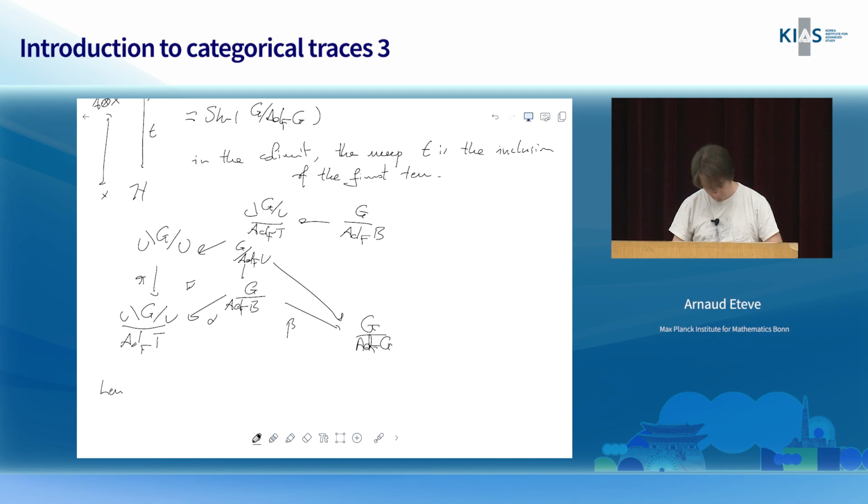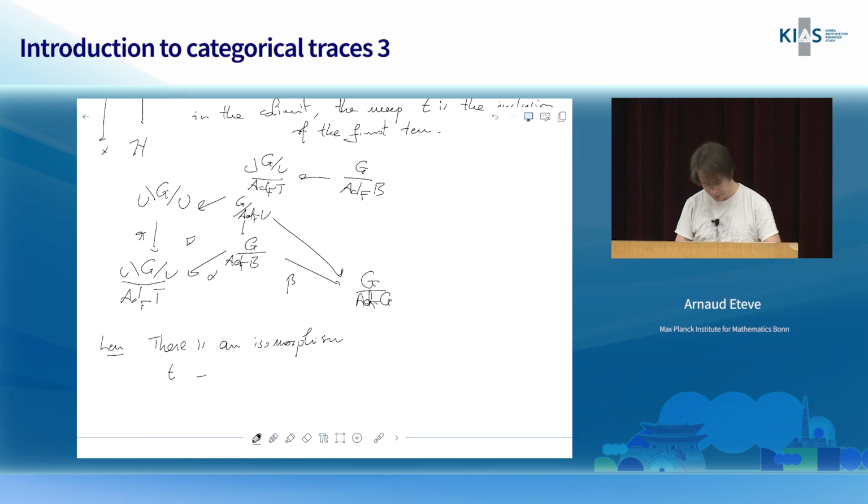And so the claim, the lemma, which is a corollary of the calculation, is that there is an isomorphism of functors from H to sheaves on G divided by ad Frobenius of G, between pi lower shriek, alpha upper star, and beta lower star, and it's the same as beta lower shriek because this is proper.